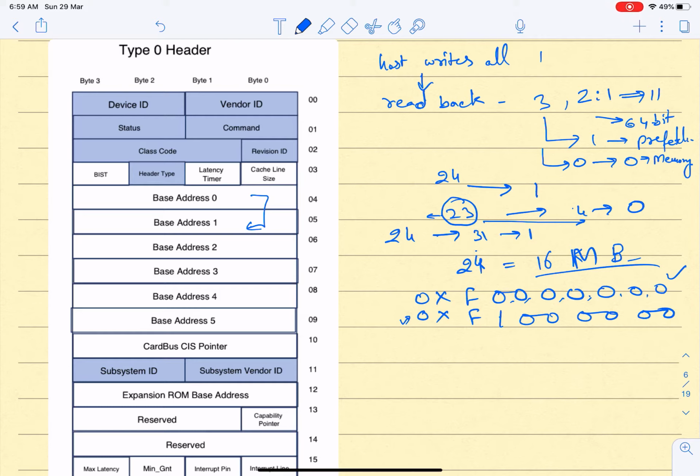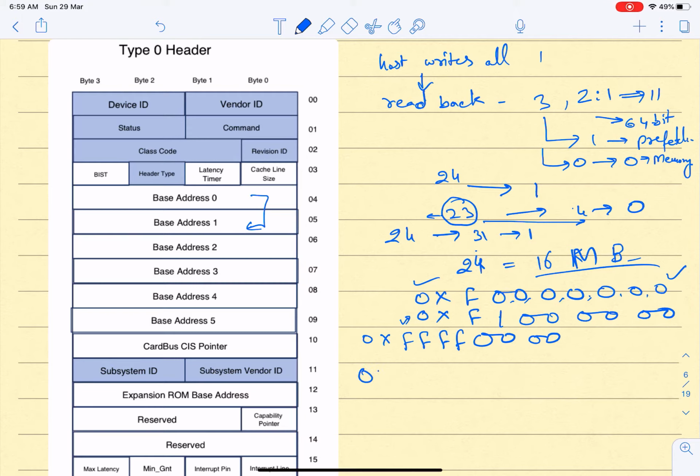And now we need to configure the upper 32 bits of base address, and that can be anything. So the host needs to configure it here in the base address register. Let's assume that the host configures the value as FFFFFF0000. Similarly, so now what will become the base address?